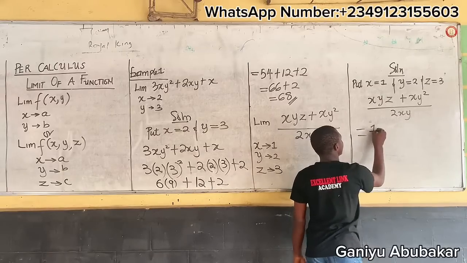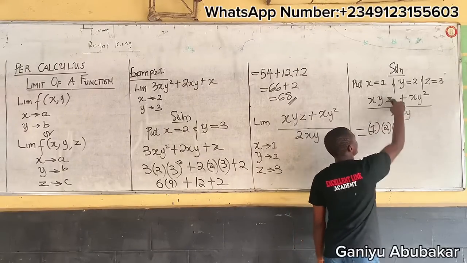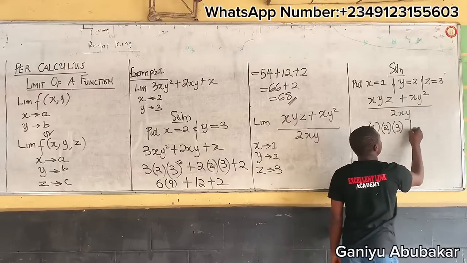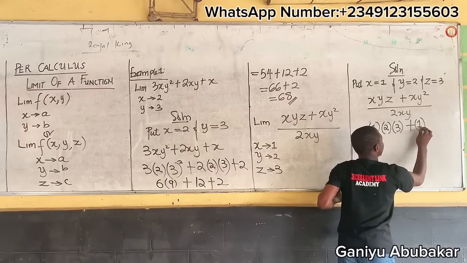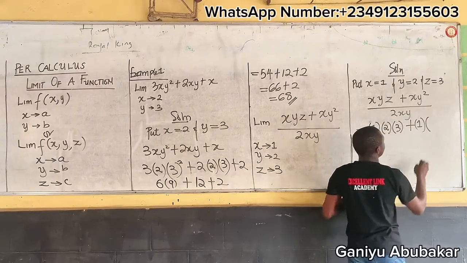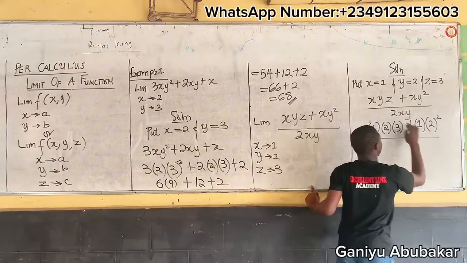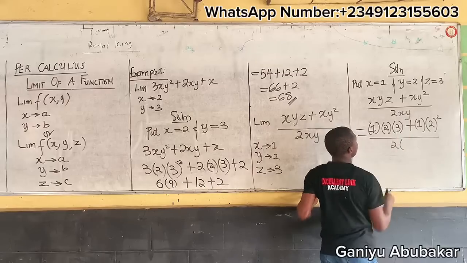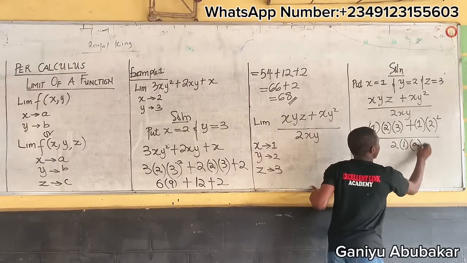What's x there? That's 1, into what's your y? That's 2, into what's z? That's 3, plus what's x here? That's 1, into y squared, that becomes 2 squared, all over 2 into x, which is 1, into y, which is 2.